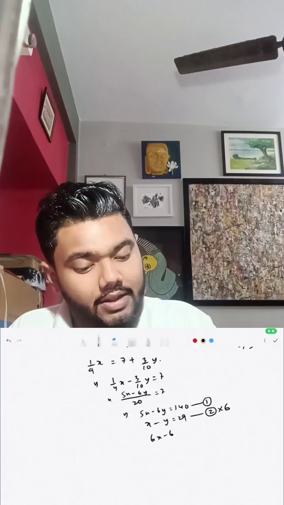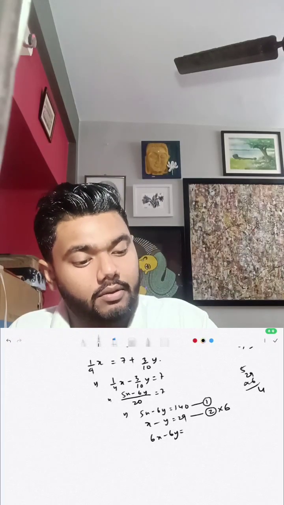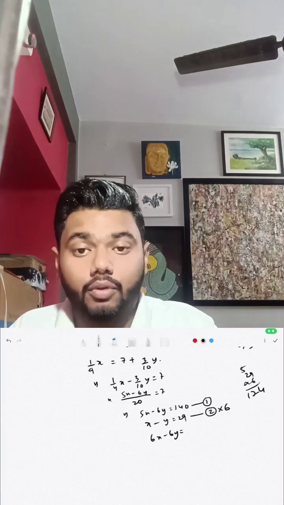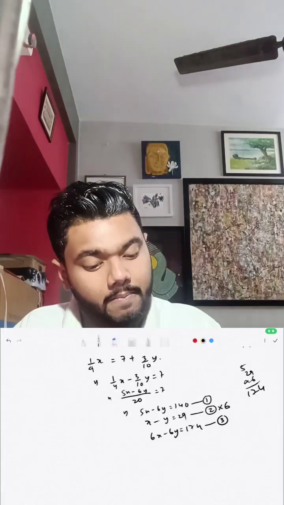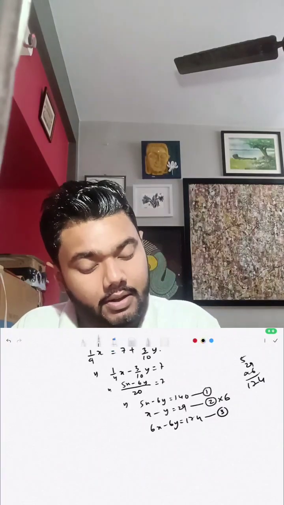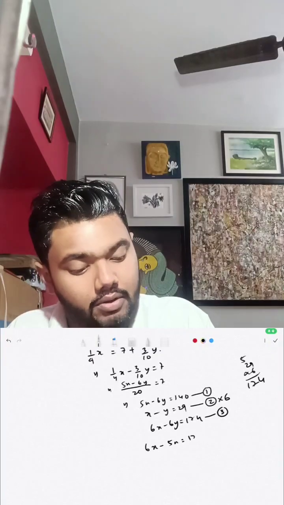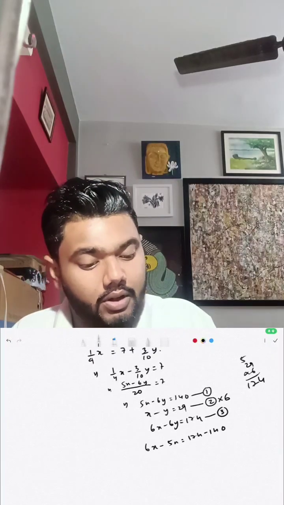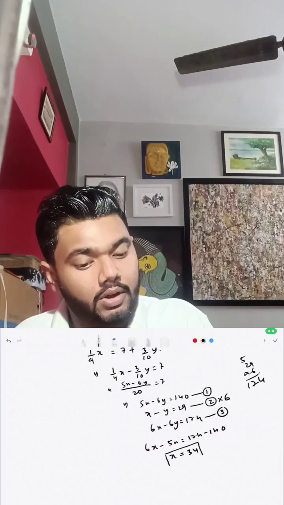So 6x minus 6y equals 29 into 6, which is 174, right? And then subtract: 6x minus 5x equals 174 minus 140. So x here is going to be 34, right?